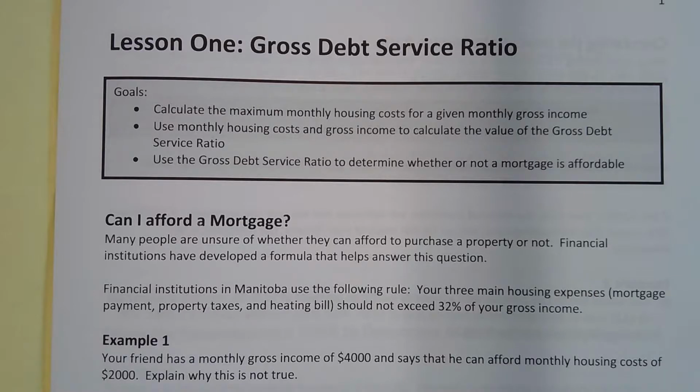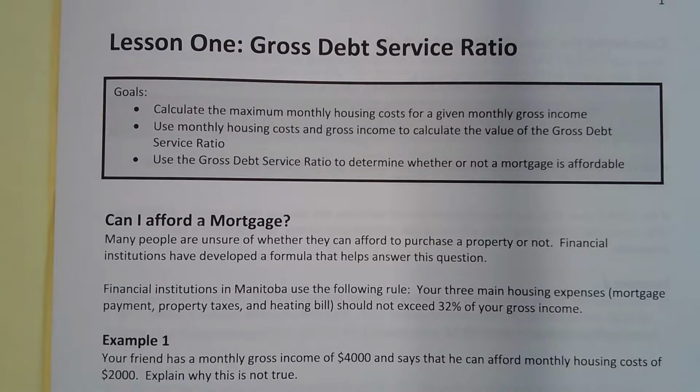Then we use monthly housing costs and gross income to calculate the GDSR. There's a formula for that. And then we use the gross debt service ratio to determine whether or not we are approved for a mortgage, whether the mortgage is affordable or not.